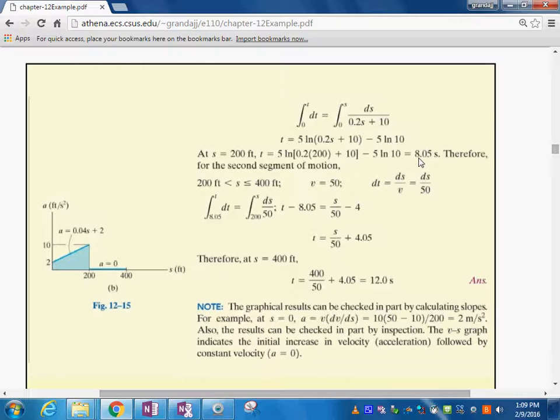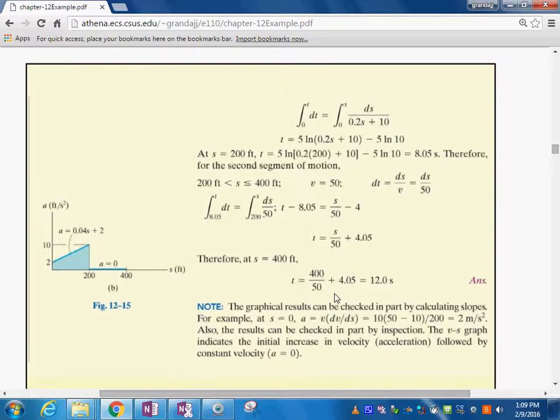So when we're analyzing a crash of a car, as I mentioned, it's important to do the analysis of the motion in this kind of plots, and you can get some nice answers from this. So in here you can check the results by calculating the slopes.